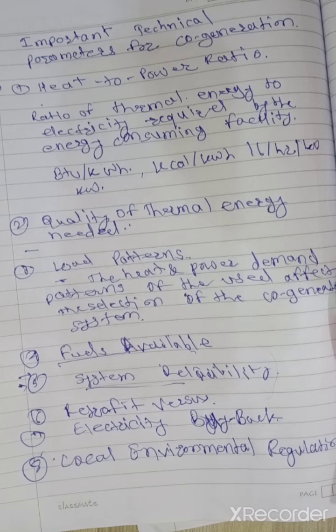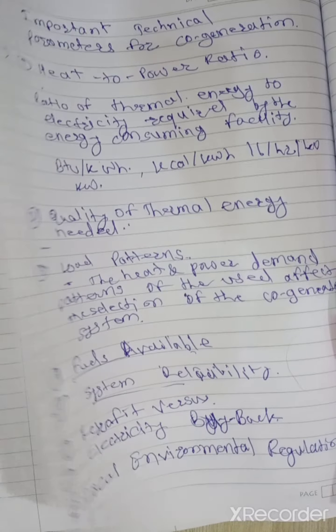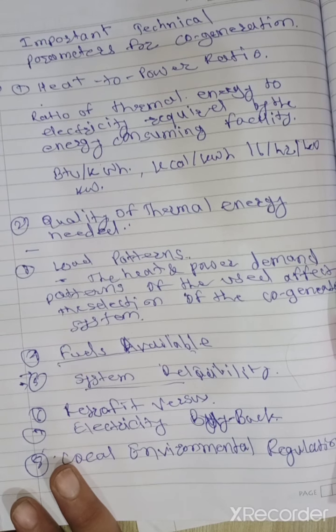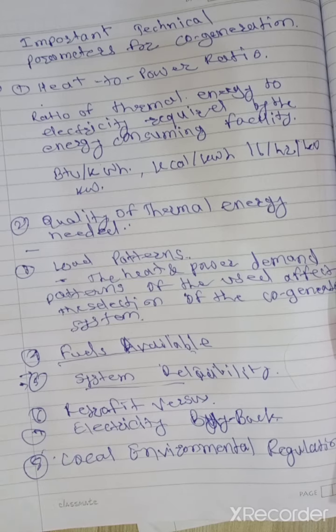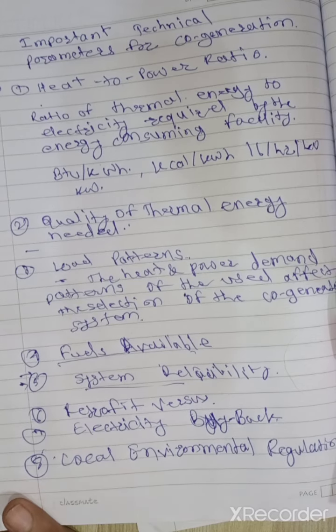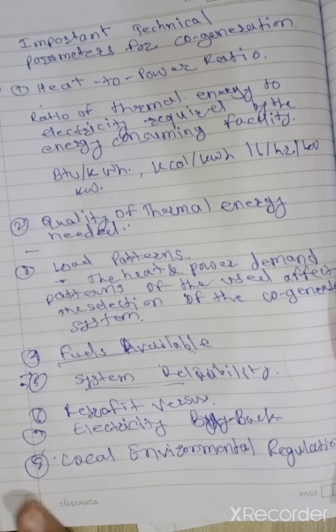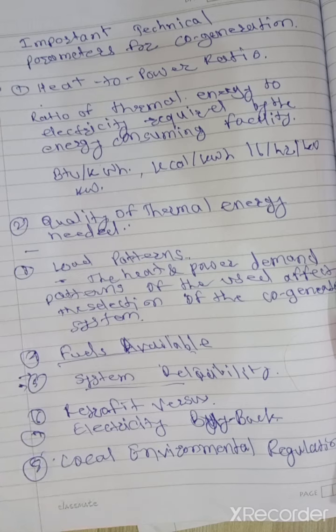The prime movers are operated following the thermal demand. So during the period when the electricity demand exceeds the generation capacity, the deficit can be compensated by the power purchased from the grid. Similarly, if the local legislation permits, electricity produced in excess at any time may be sold to the utility.